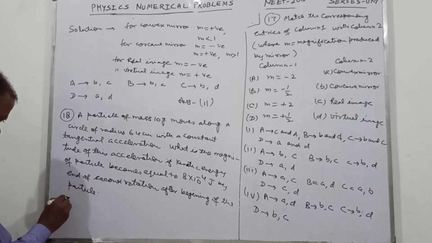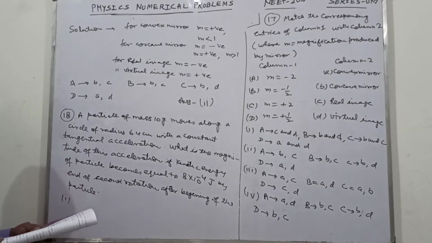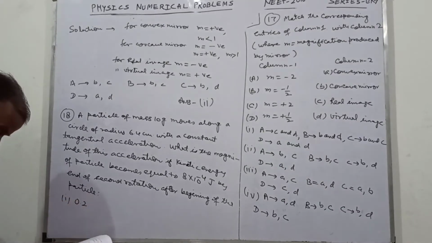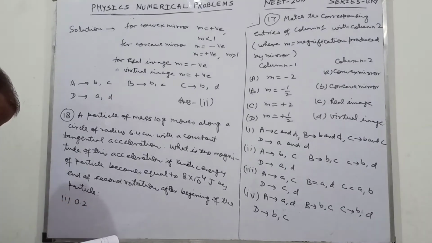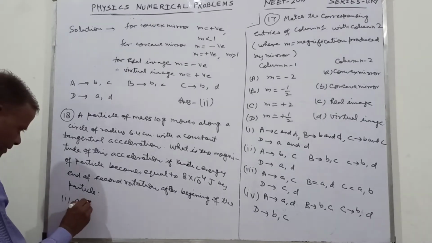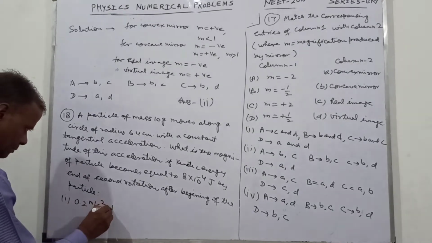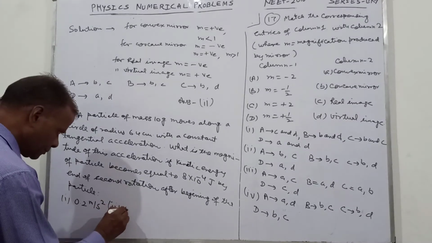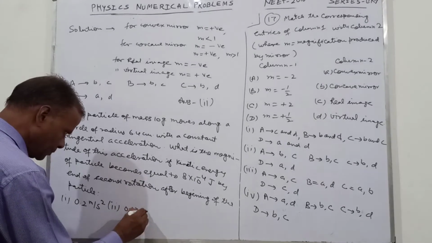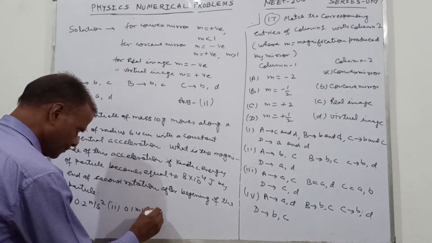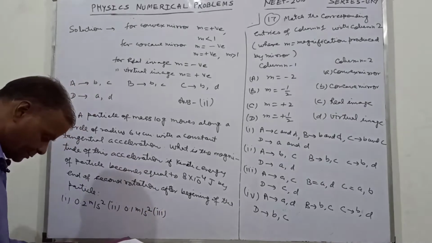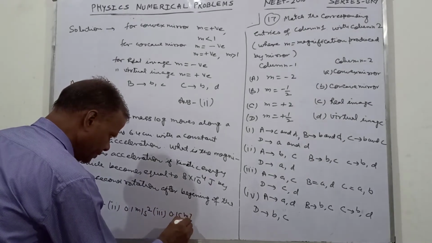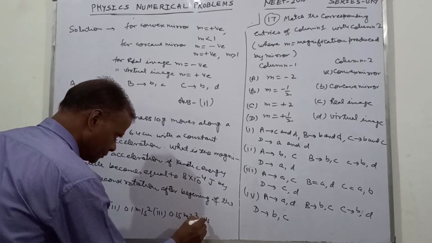Now your options are given here. First is 0.2 meter per second square. Second is 0.1 meter per second square. Third is 0.15 meter per second square.